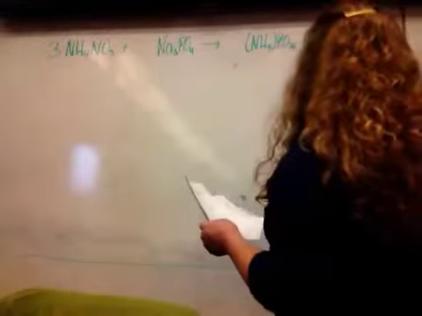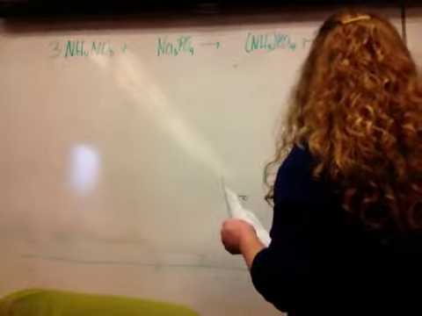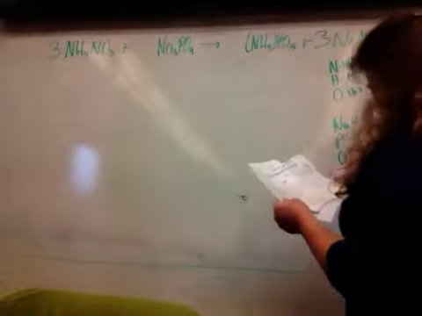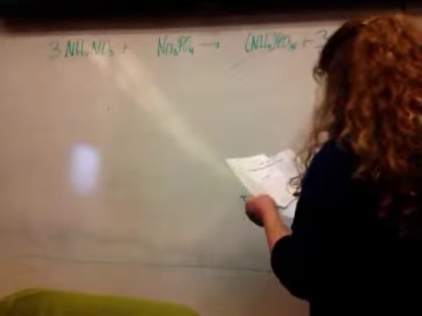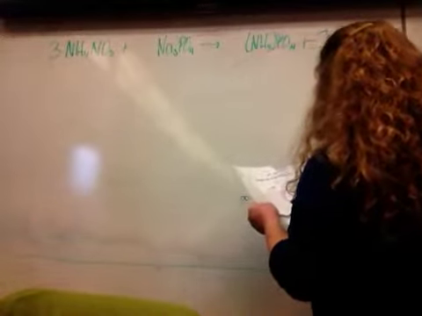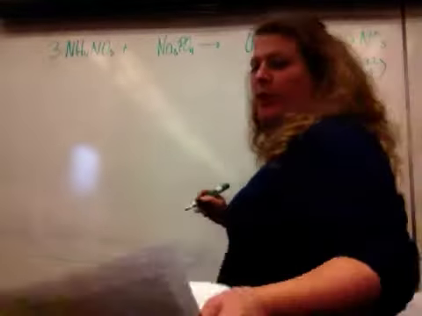And I'll do the sodium phosphate. Phosphorus is 30.97. Oxygen, 16 times 4. Okay, you got numbers for those?